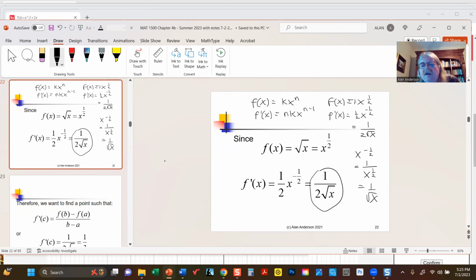Based on the power rule, f prime of x is 1/2 x to the minus 1/2, or 1 over 2 radical x. So what we need is to find the point x such that f prime of x is 1/3.